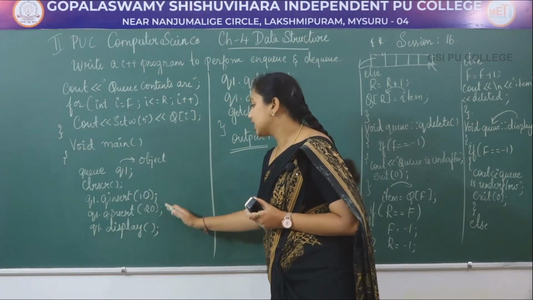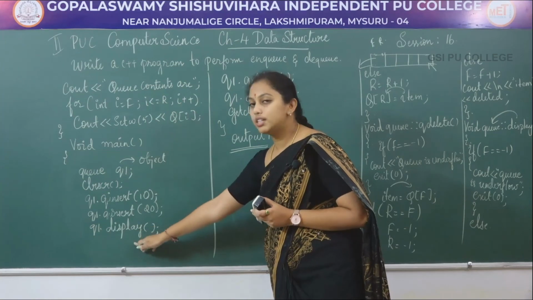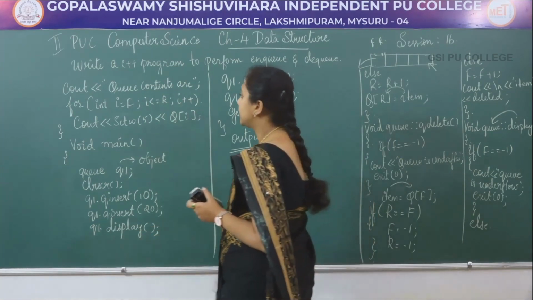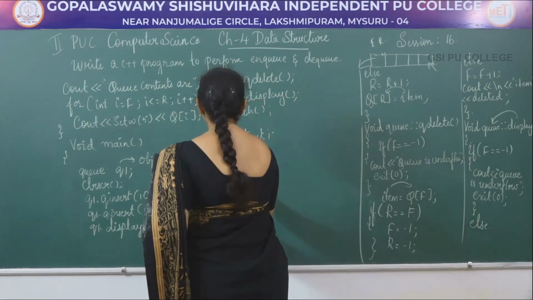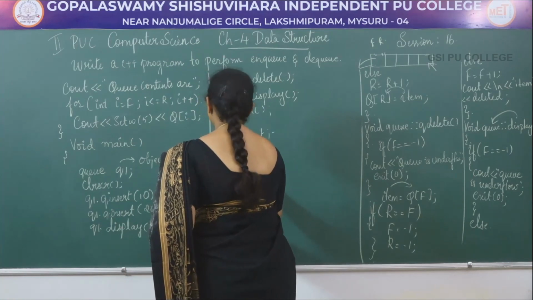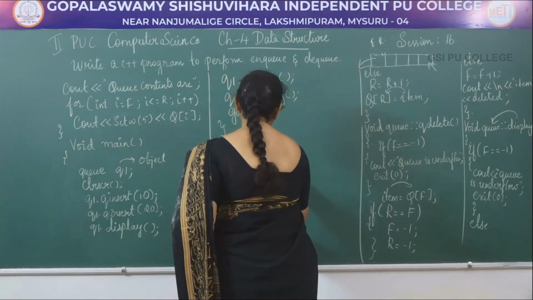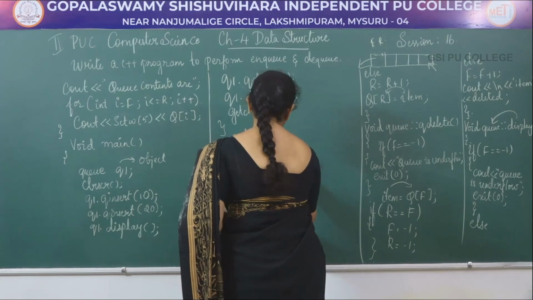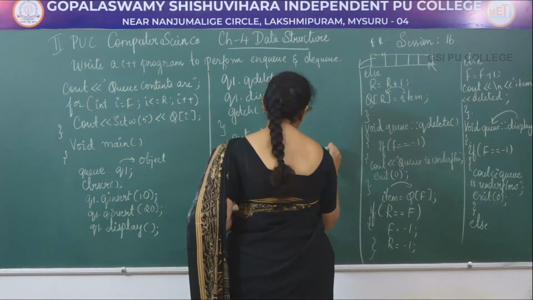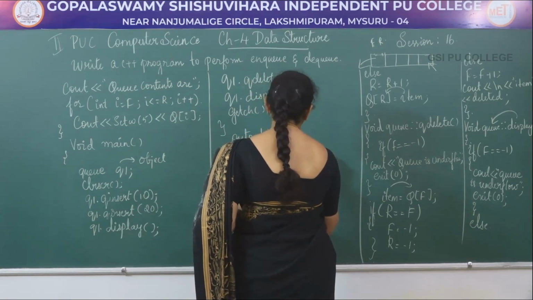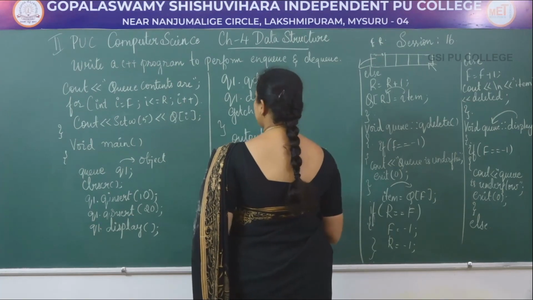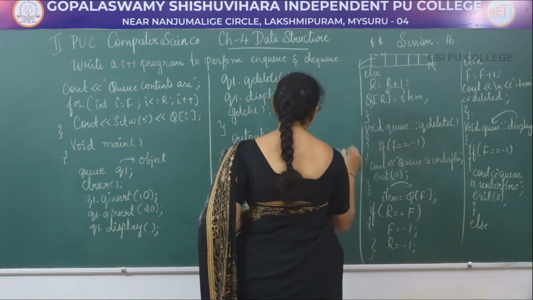After inserting, we have called the display function to display the contents of the queue. So it will display queue contents are 10 and 20.